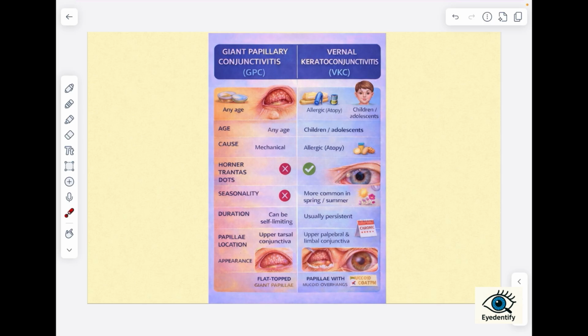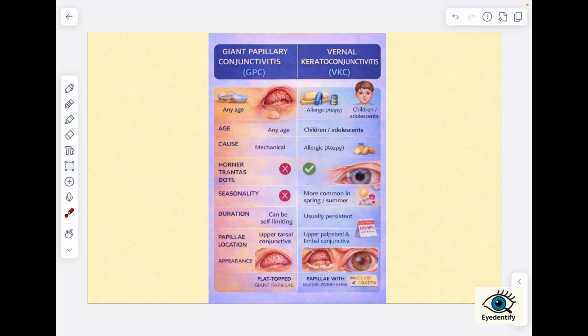Now, giant papillary conjunctivitis can happen at any age, obviously, because anyone can undergo surgery, anyone can use contact lenses, but vernal keratoconjunctivitis happens mainly in children and adolescents, with male predisposition, and the main primary cause is allergy or atopy. So at any age with mechanical irritation for GPC, while VKC is due to allergy.